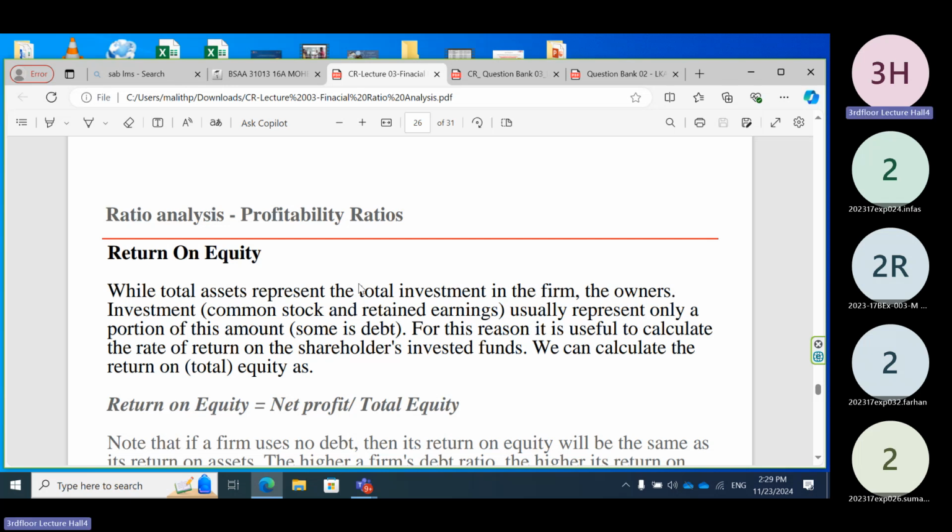So then, weighted average cost of capital equals KE into percentage plus KD into percentage. That should be used for your NPV calculation.